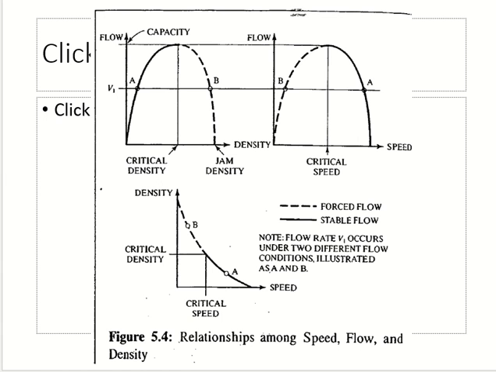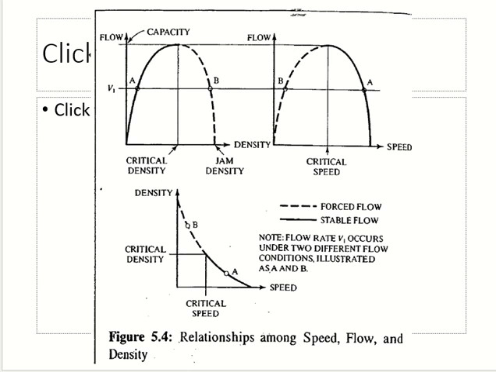So this is what is happening here. The speed is maximum, the flow is 0. Why it is 0? Because there are no vehicles on the road. Clear? Then vehicles come on the road, flow will increase and the speed will decrease.